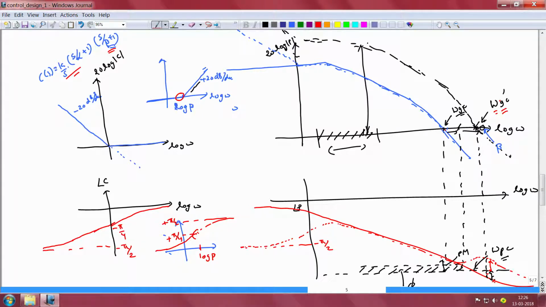We chose to add it not with the intention of improving the gain characteristics of the open loop system, but rather to improve the phase characteristics, and in particular it allowed us to add a phase of plus 45 degrees near the gain crossover frequency and thereby rescue a system that was on the verge of instability, or was probably already unstable, and it made the closed loop system stable by adding a phase lead of plus 45 degrees.